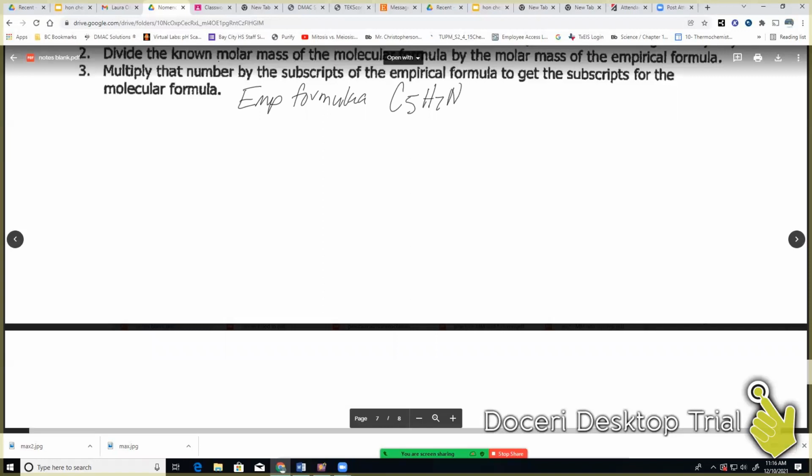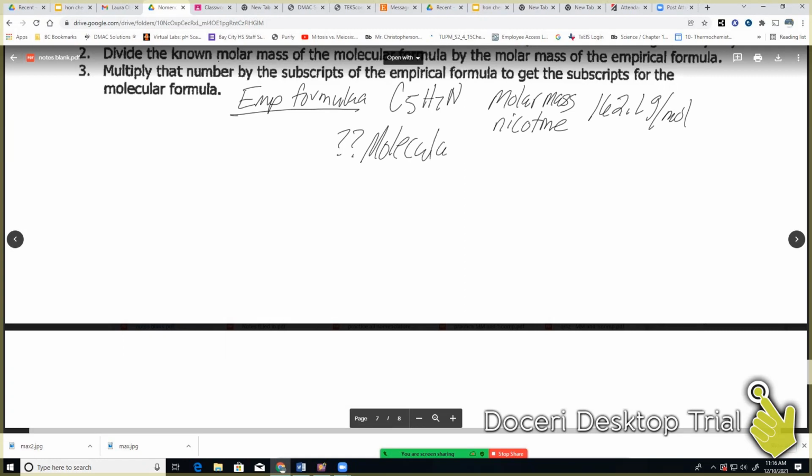That's what we did earlier. The molar mass of nicotine is 162.1 grams per mole. That's the one that I said would have to be given to you. And now we're going to try to find out what the molecular formula is.